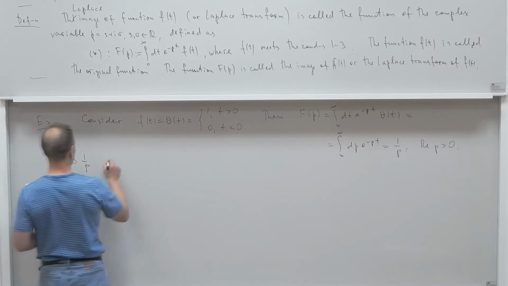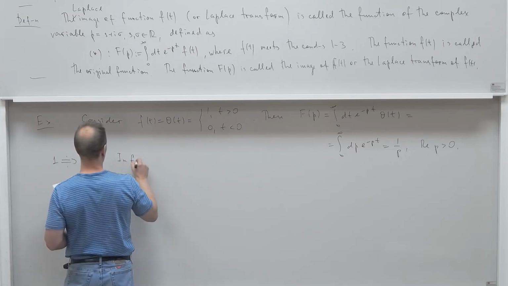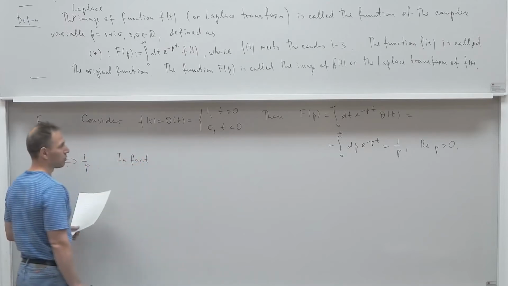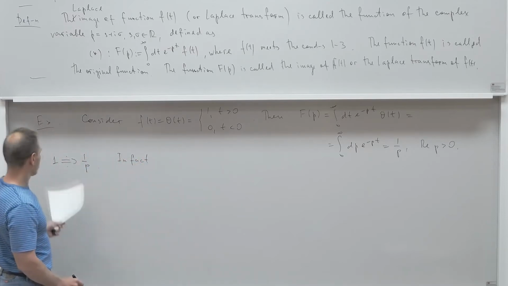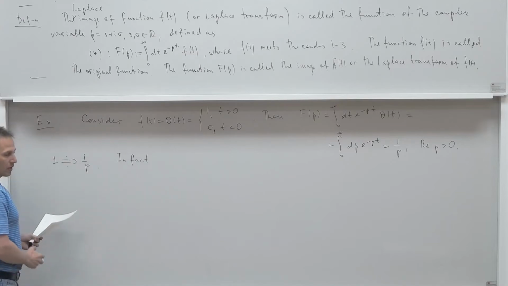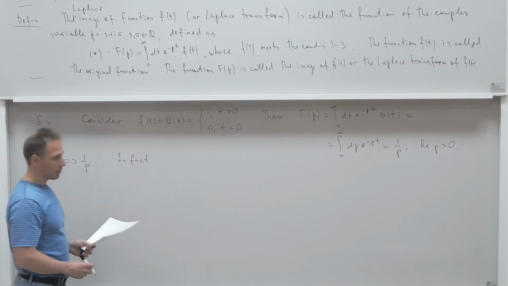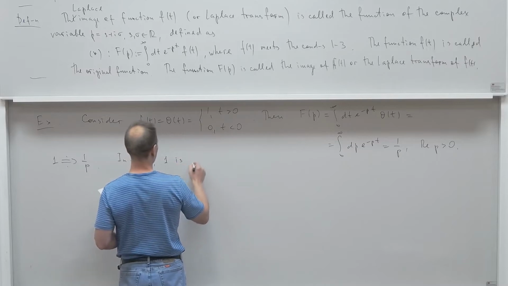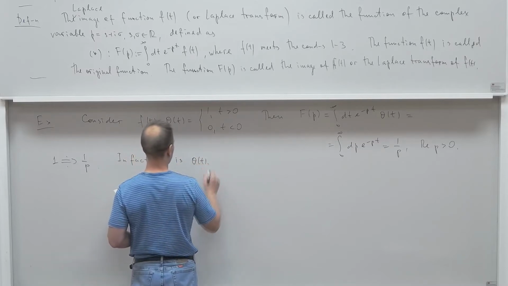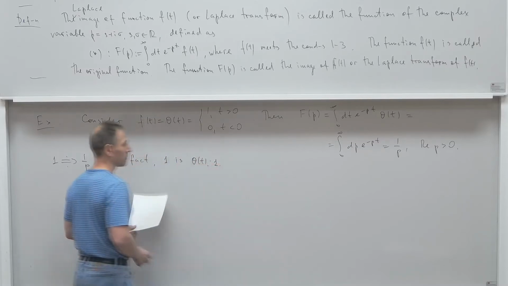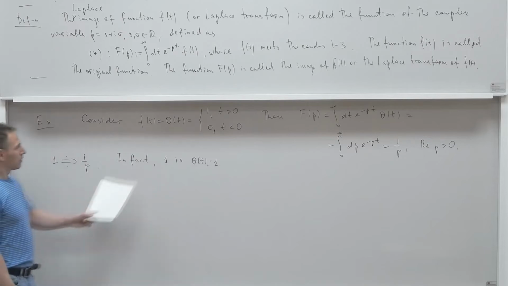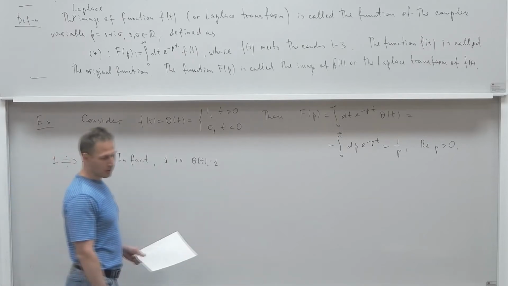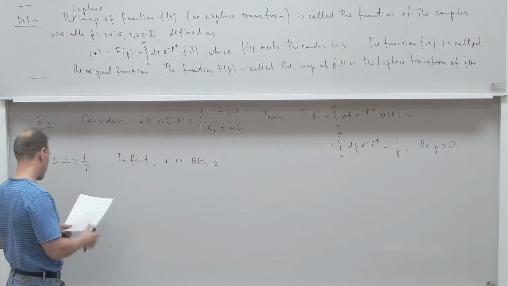And in fact, we will always assume that the left-hand side in such type of expressions is multiplied by the unit step function. In our case, it is theta of t multiplied by 1.